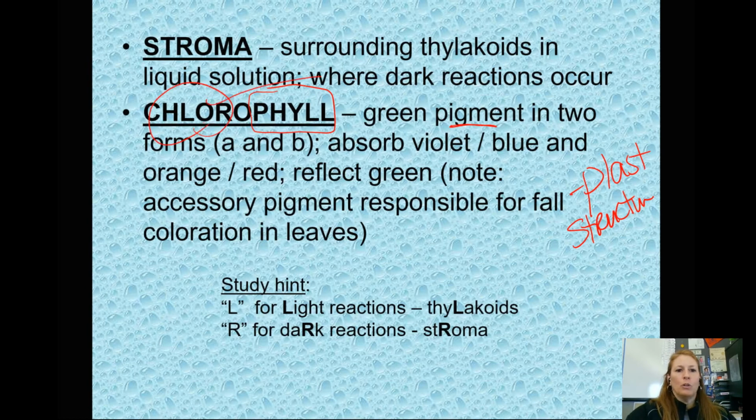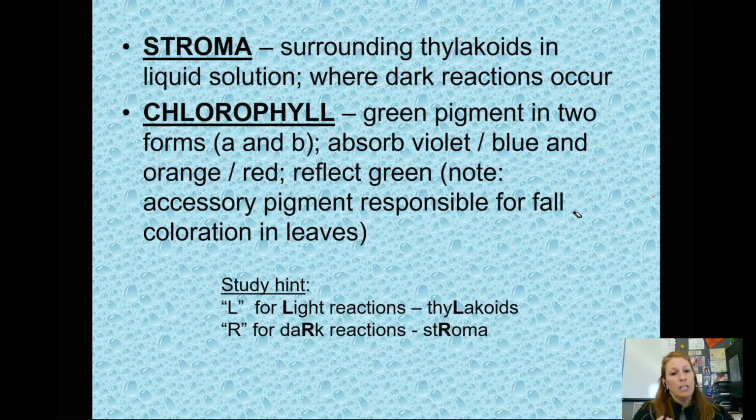So these chloroplasts are going to make chlorophyll. It actually has other pigments too, but we're going to focus on chlorophyll. There's actually 5 different types: A, B, C, D, and a 5th one called bacteriochlorophyll that's only found in bacteria. But for most of our plants, we have A and B, okay?